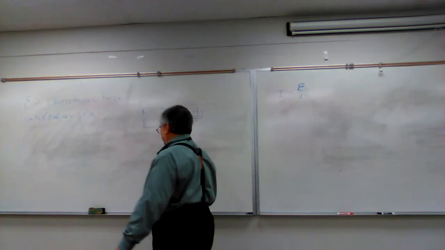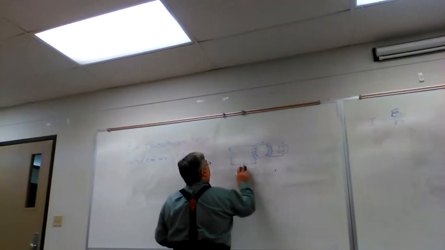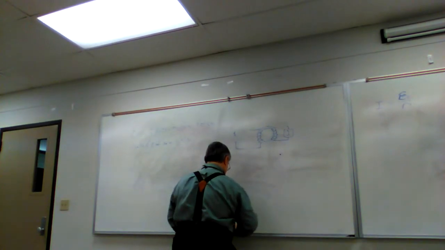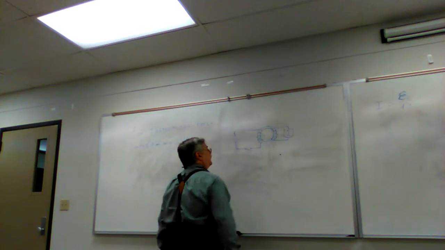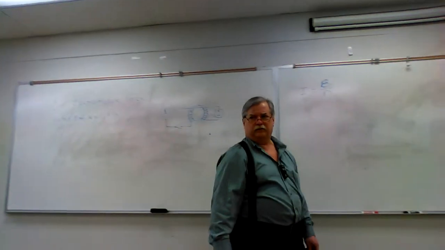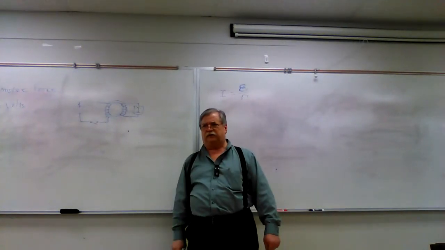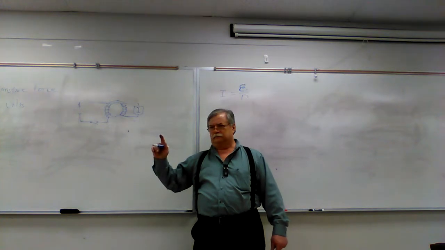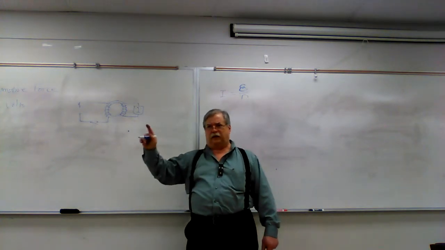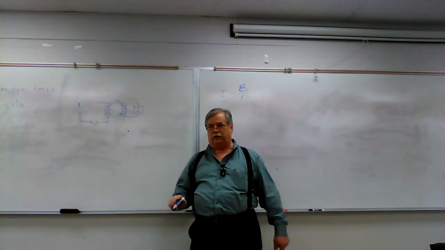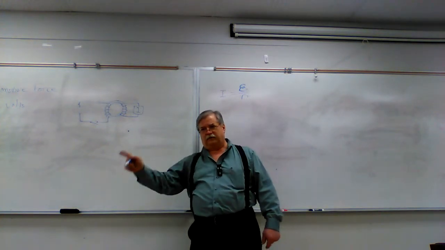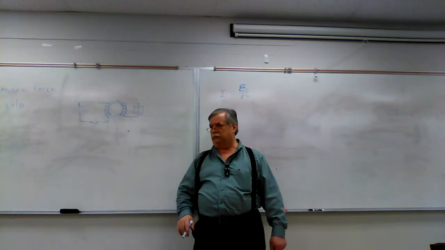Then he noticed something. When he first closed the switch, the galvanometer would peg. It would deflect strongly in one direction, but only for a moment, and then it would drop back to zero.